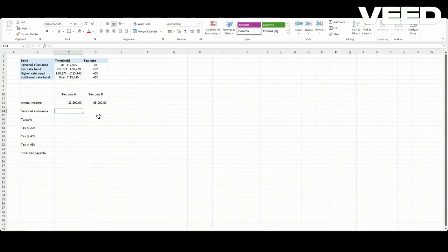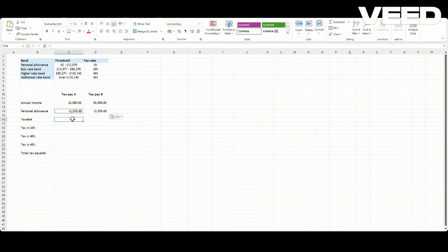So in our calculation here, we would put 12,570 for our personal allowance, and we do this for both taxpayers.